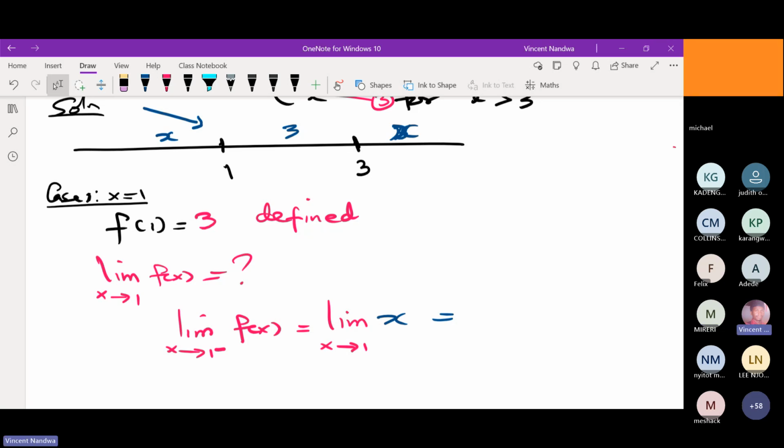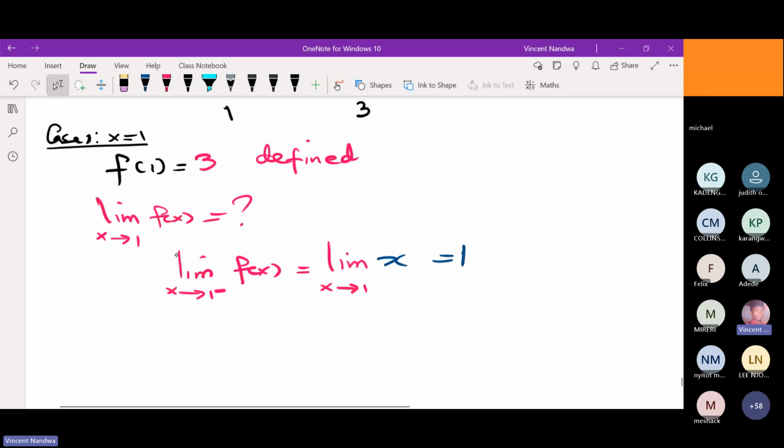Just direct substitution should give you the answer, correct? 1. And then let's calculate the right-hand limit.